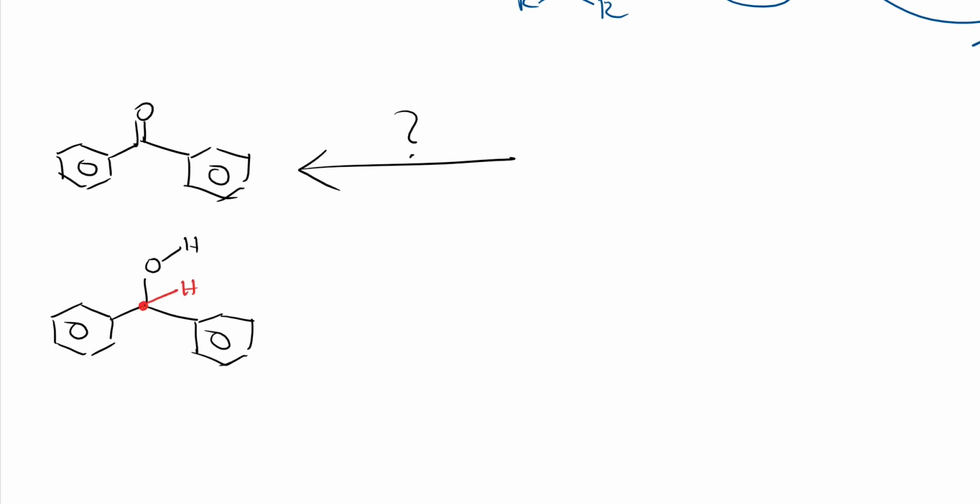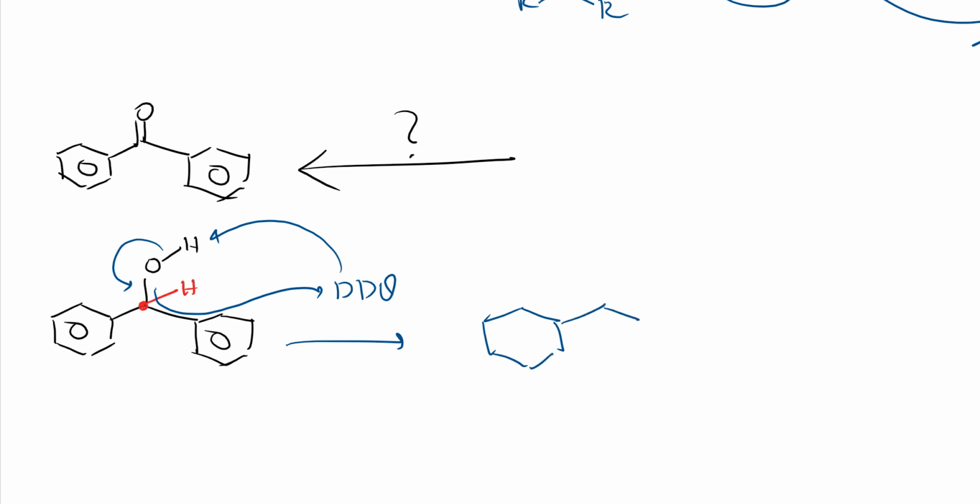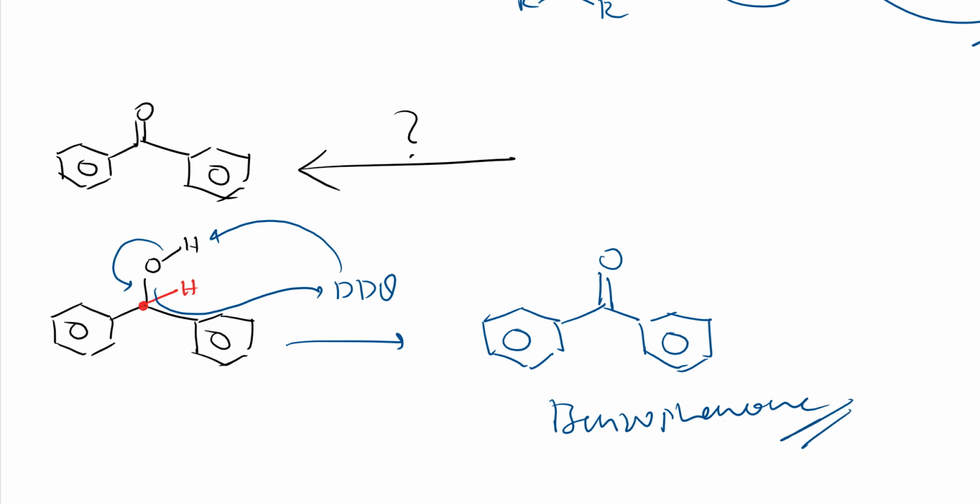So whenever I use this DDQ, it will take this hydride, then it will take this proton, this pi bond will shift directly. If I tell it now, you should be able to understand, right? And I'll get this product, ketone. This is nothing but benzophenone, right? So this is how we synthesize, right?